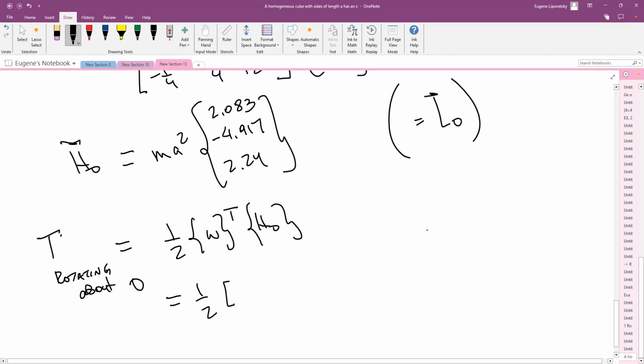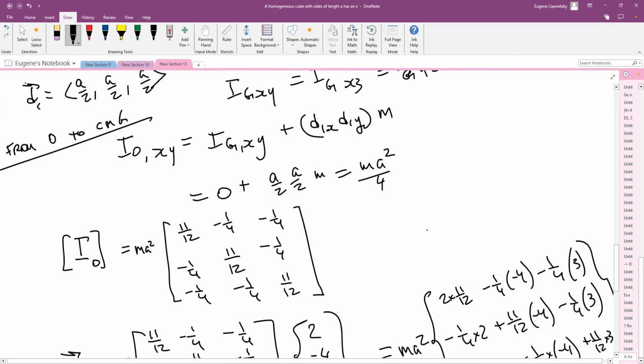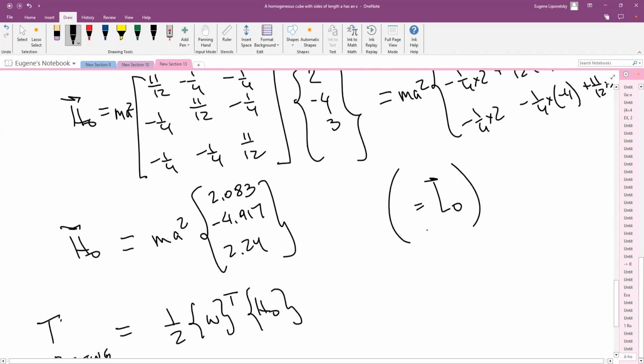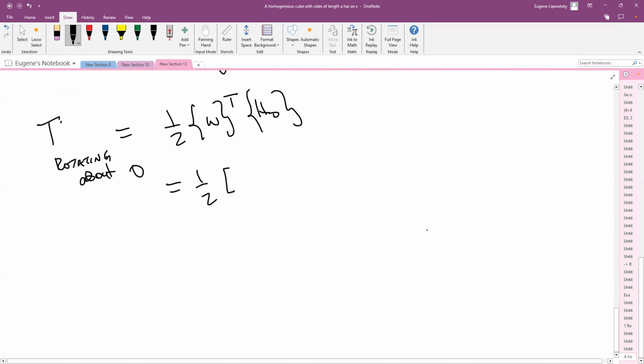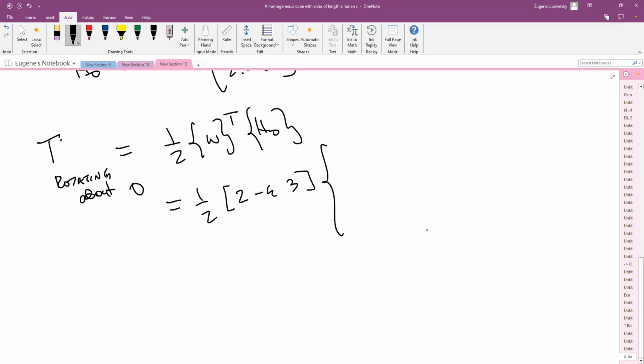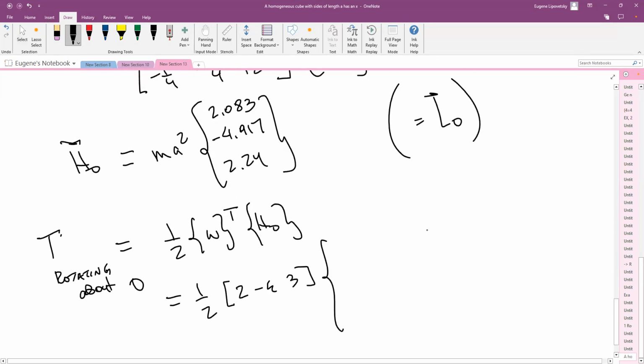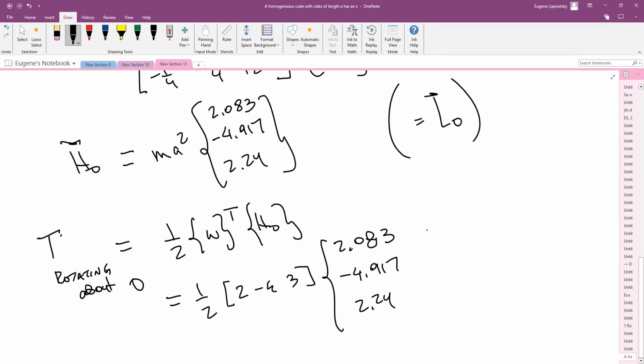The omega is 2, -4, 3. And the HO has these components that we just evaluated: 2.083, -4.917 and 2.24. That's all multiplied by MA squared.